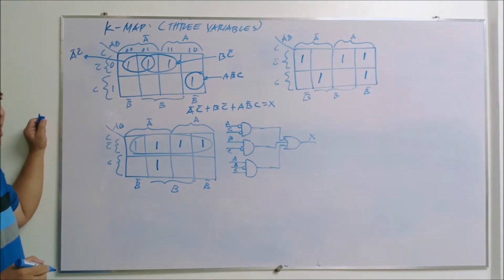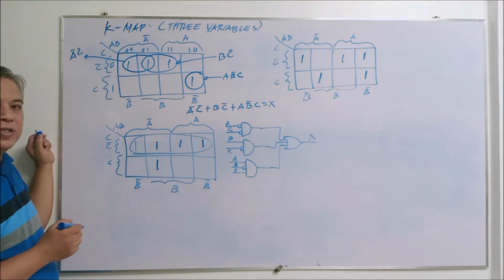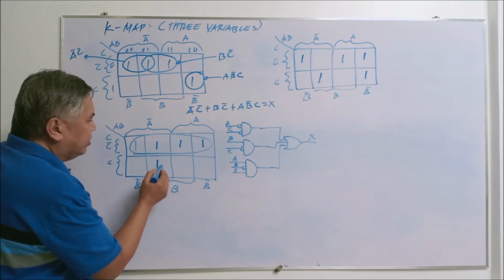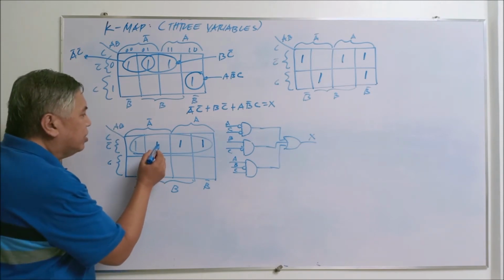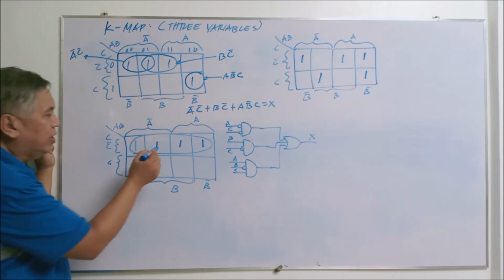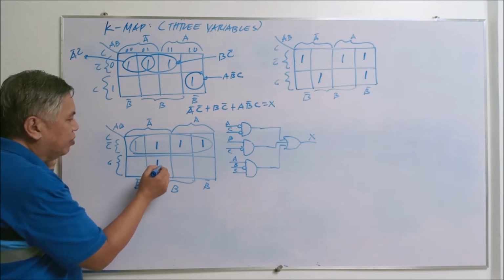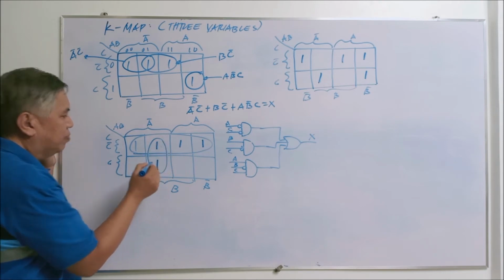Then we have no more 4 adjacent cells, so we go now to 2 adjacent cells. The remaining cell which has not been grouped is adjacent to this other cell here, so we group it with that cell to maximize our grouping.